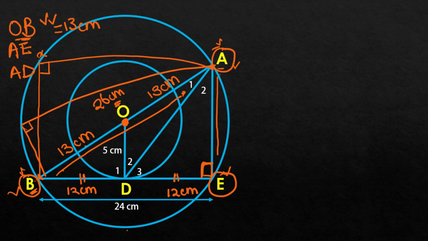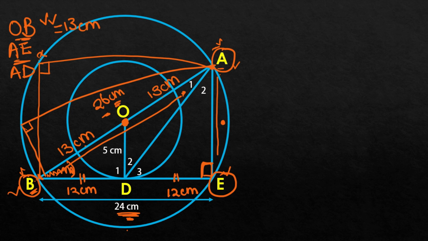And then underneath here, if B is our angle of interest, we are going to have an adjacent length of 24 centimeters. So we've got adjacent of 24 centimeters and the hypotenuse of 26 centimeters, but we don't have the opposite, which is AE. So that is why we are going to use the theorem of Pythagoras.